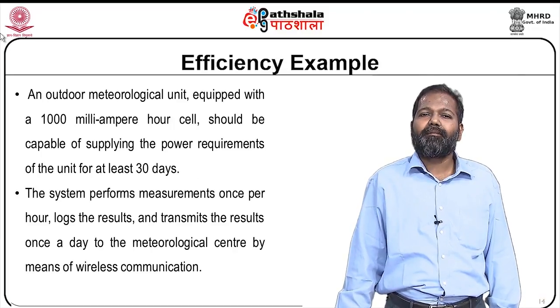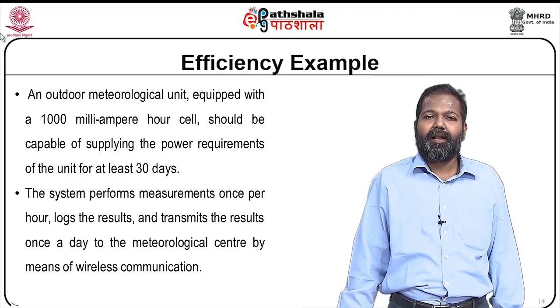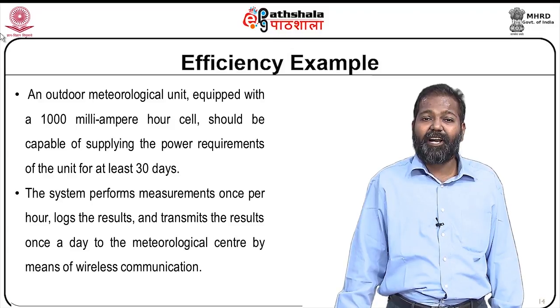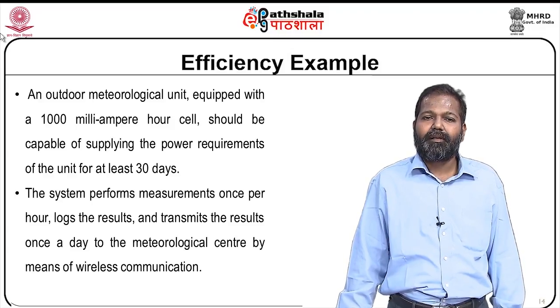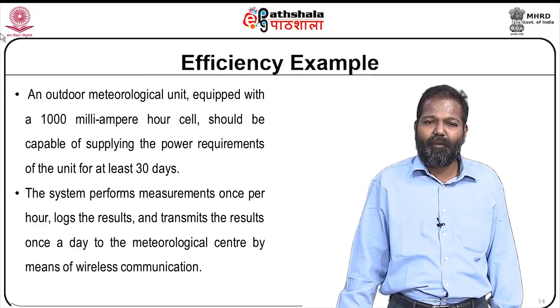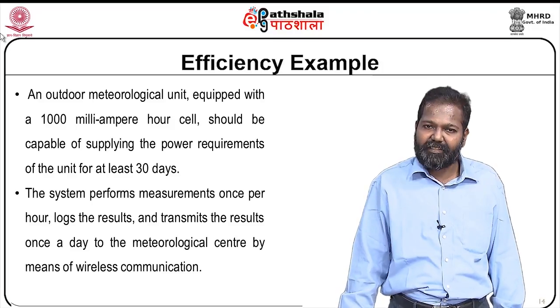Efficiency example: an outdoor meteorological unit equipped with a 1000 milliampere-hour cell should be capable of supplying the power requirements of the unit for at least 30 days. The system performs measurements once per hour, logs the result, and transmits the result once a day to the meteorological center by means of wireless communication.